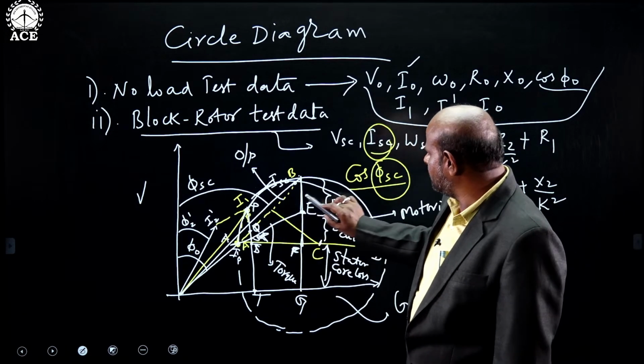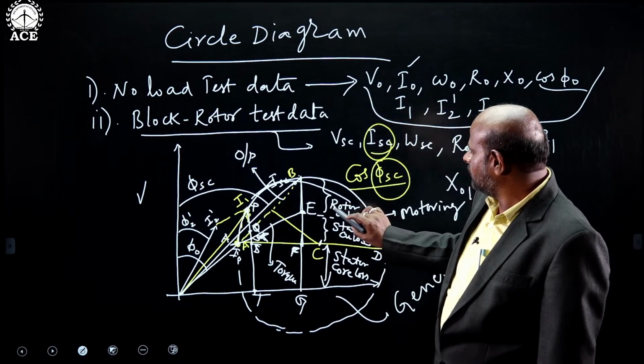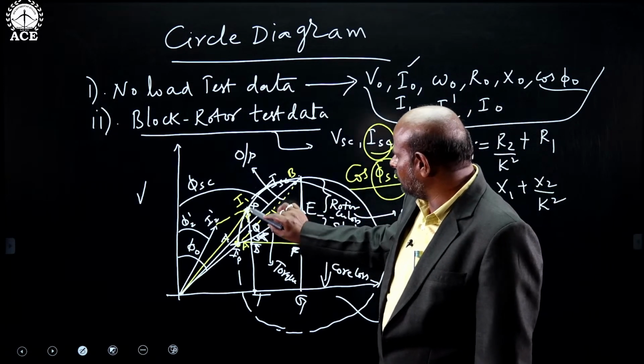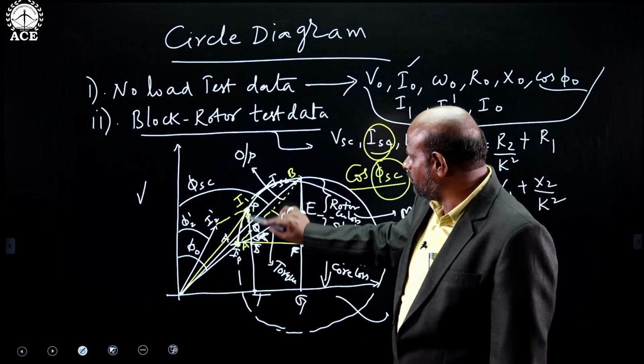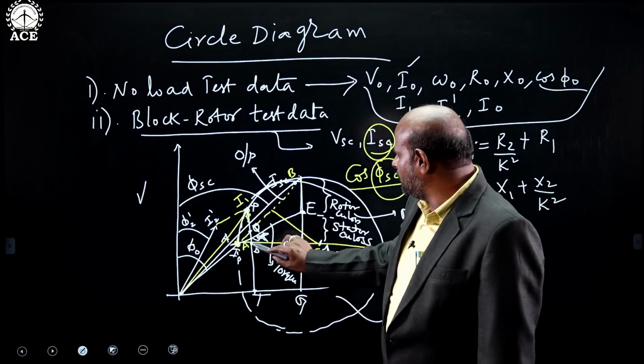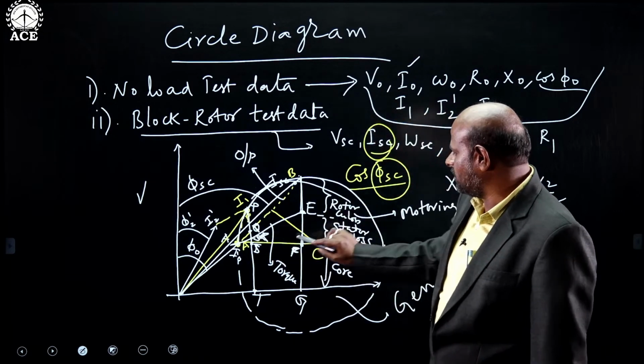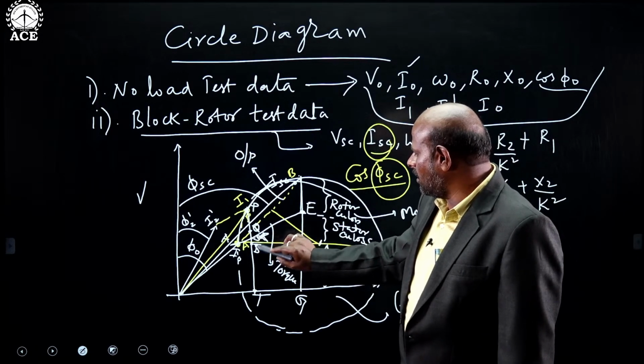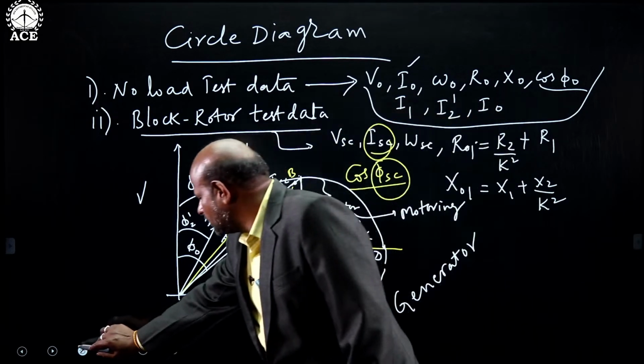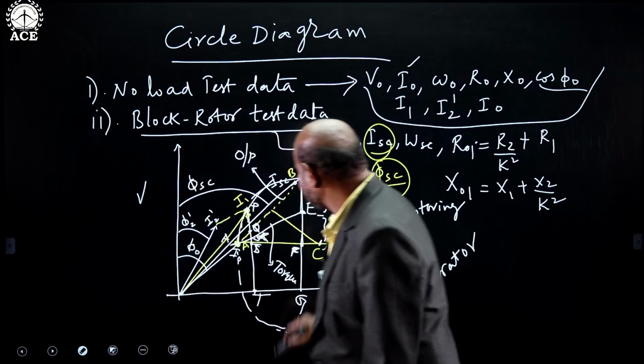Here PQ represents the output power component, and QR indicates the copper loss component.